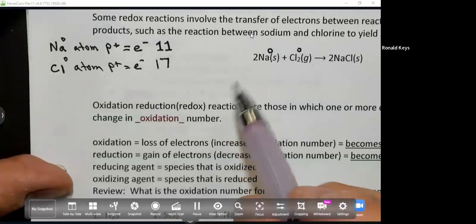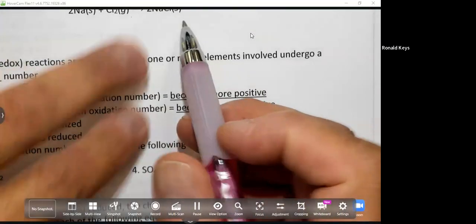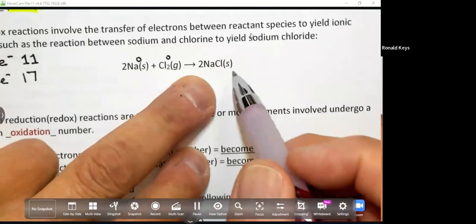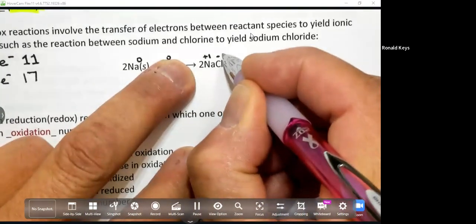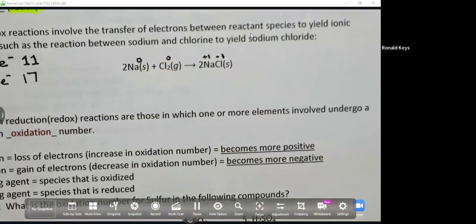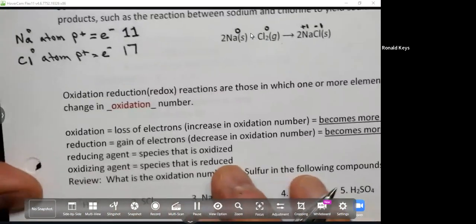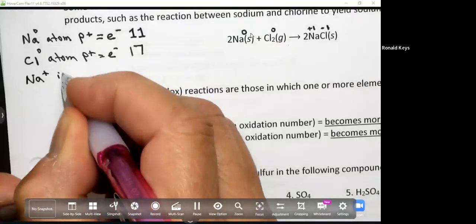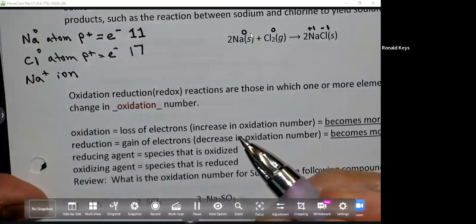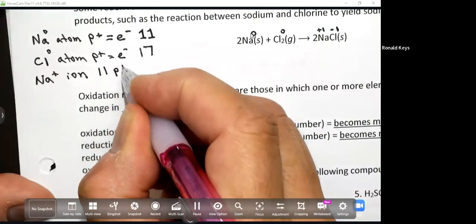However, when you let them interact and a transfer of electrons takes place, we know we get a sodium ion of +1 and a chloride ion of -1. Sodium ion: we have 11 positive protons.